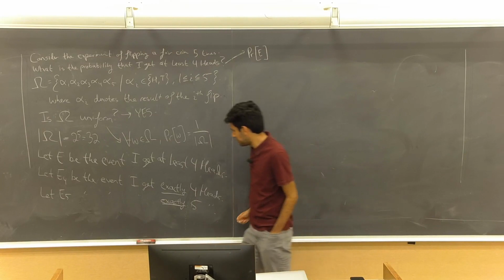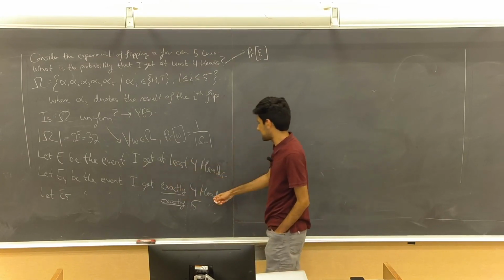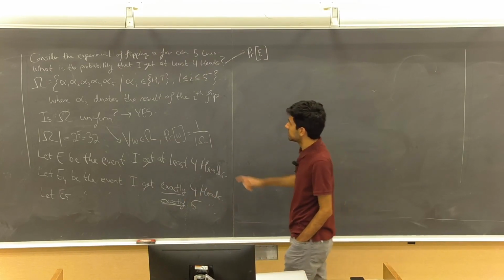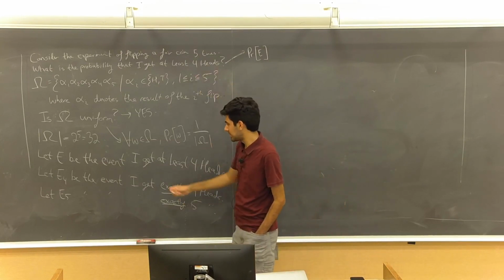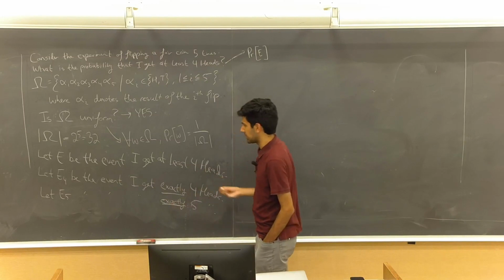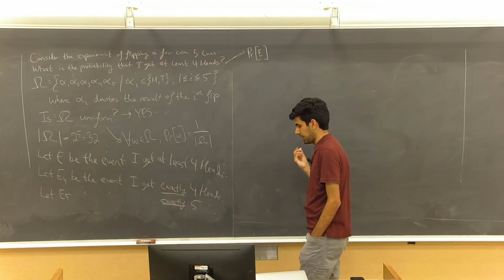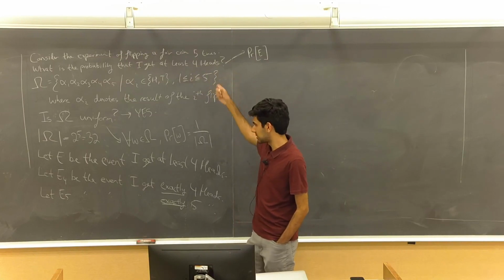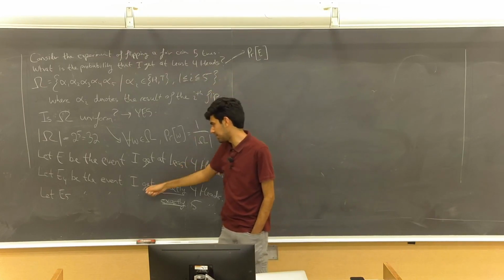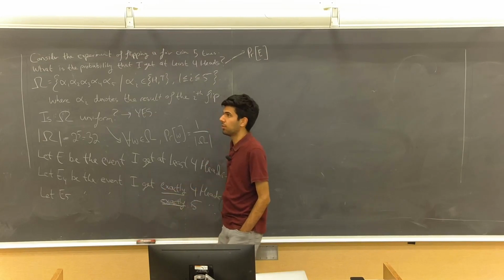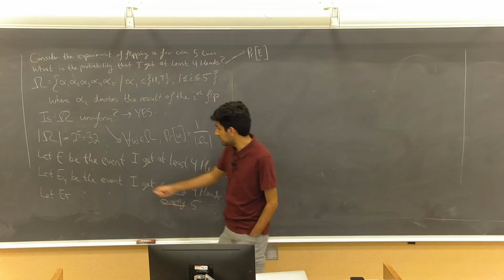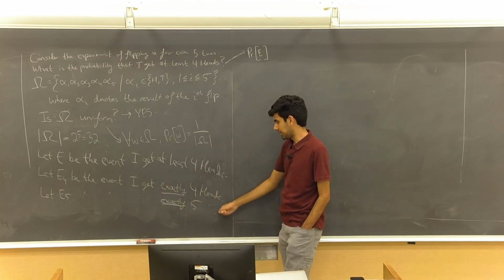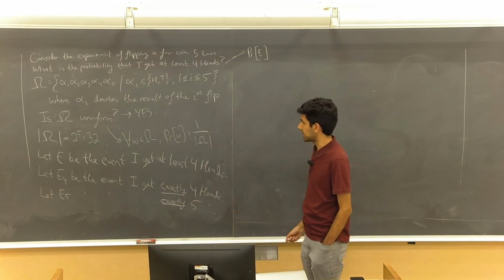Okay, so I've defined 2 more events. E4 is the event I get exactly 4 heads. E5 is the event I get exactly 5 heads. So if I get at least 4 heads, one of these 2 must have occurred. The outcome in the at least 4 heads event must also be a part of either E4 or E5. More importantly, E4 and E5 are disjoint because exactly 4 heads, exactly 5 heads, nothing is in their intersection.